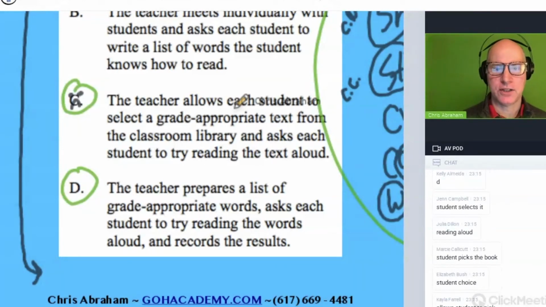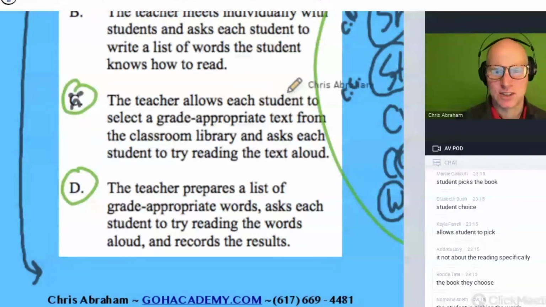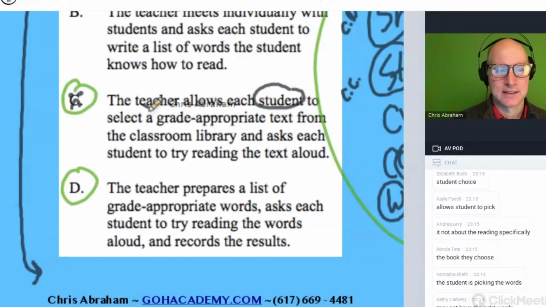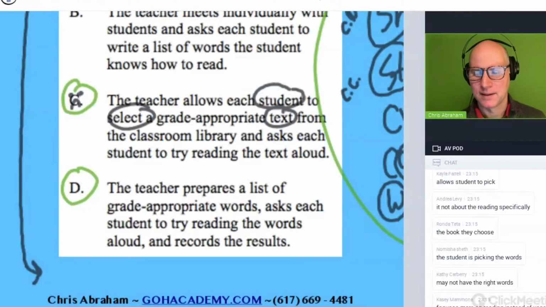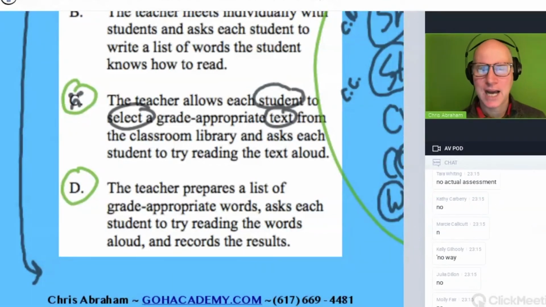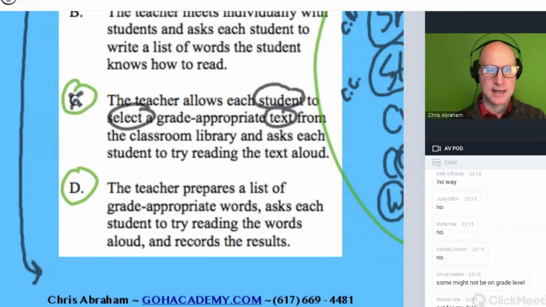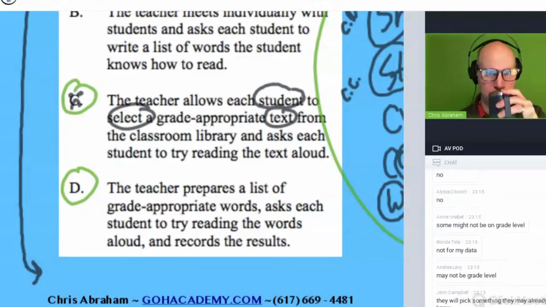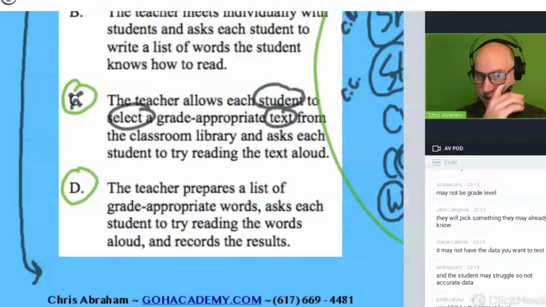Teacher allows each student to select a grade appropriate text. So let's think about that. Student selects the text. Does that seem reasonable? Why not? Why would that not give you reliable results in terms of gauging where the student really is?